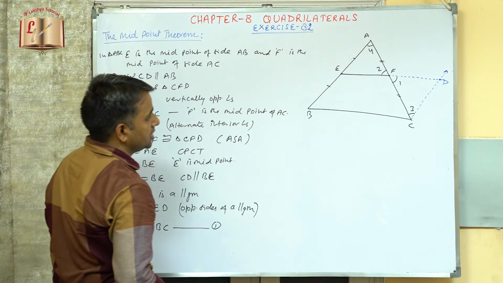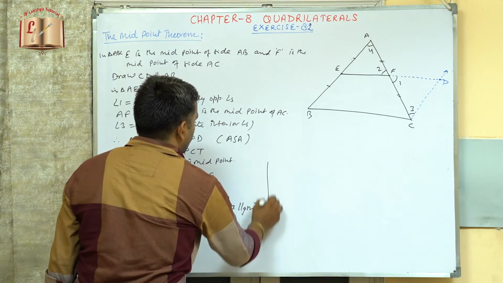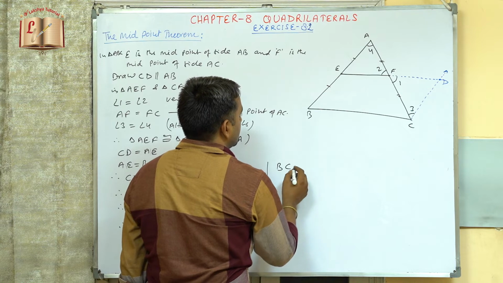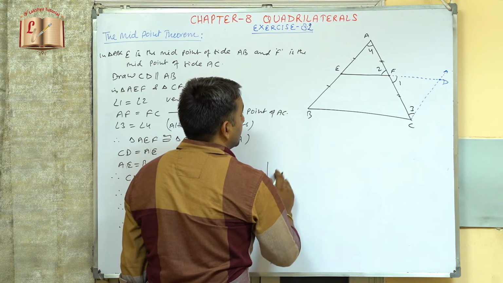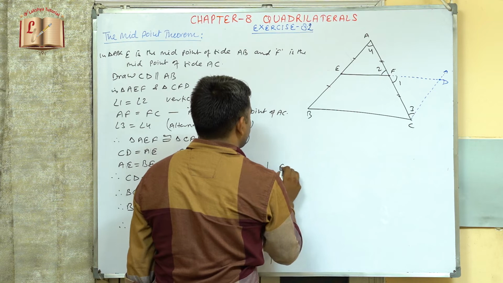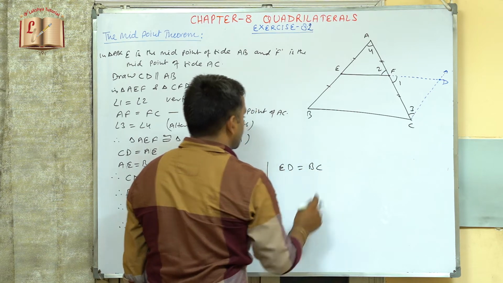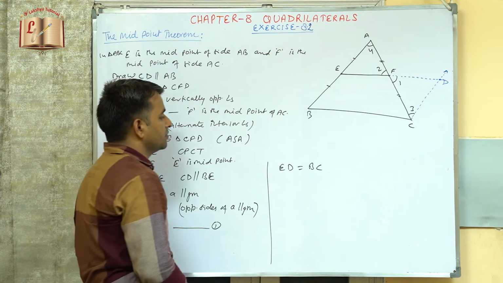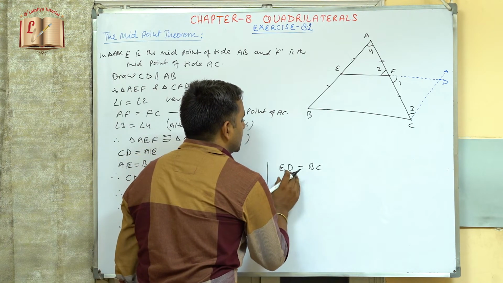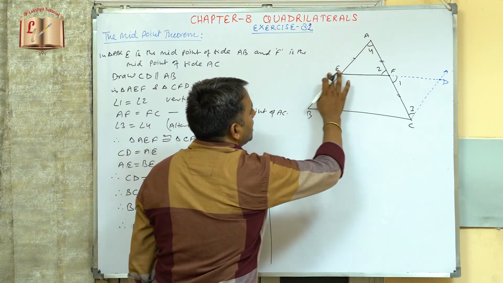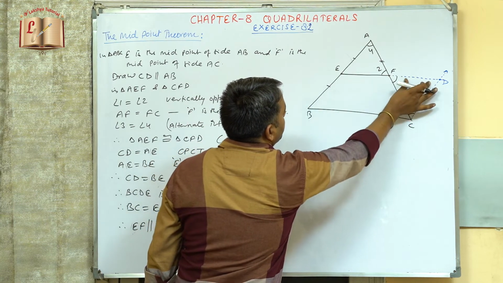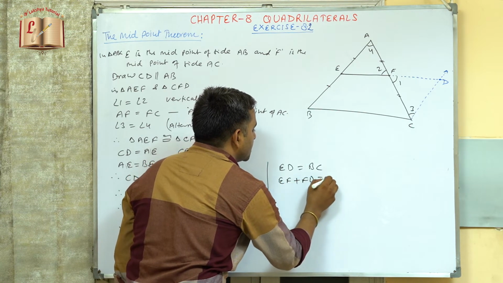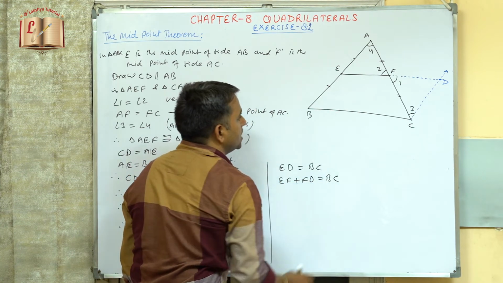Now see that once this is the parallelogram, I can write this ED is equal to BC. We have already written that ED is equal to BC, or this ED can be written as EF plus FD. So EF plus FD is equal to BC.